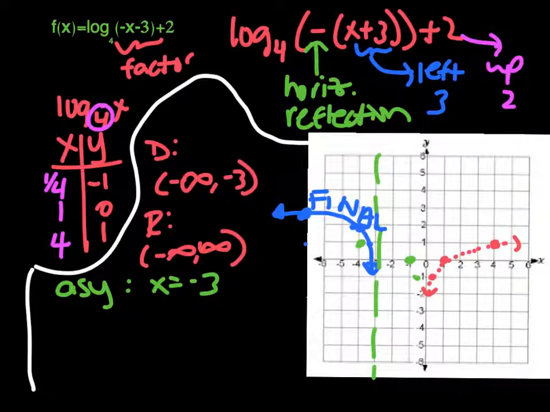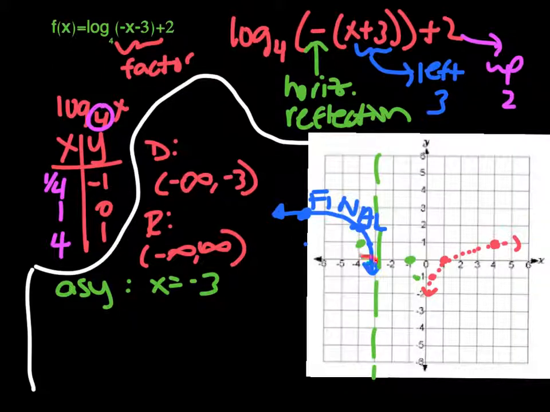And now for my end behavior. This time, looking at my right end behavior, this x value is getting closer and closer to -3. But if you notice, there's no blue values over here. So my graph is approaching -3, but this time it's approaching it from the left. So let me change colors. Let's do orange.